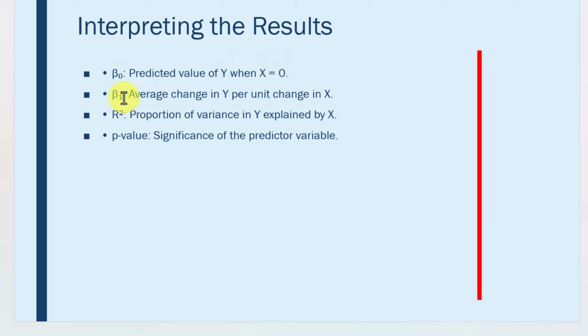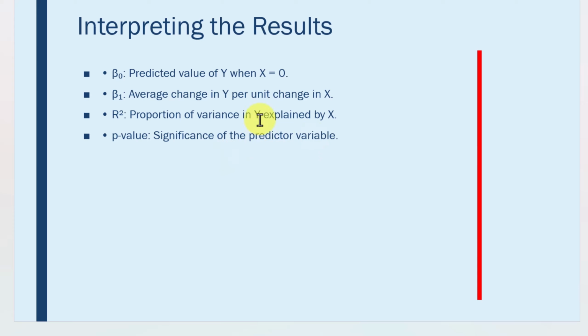Beta 1 though is a more central coefficient that we need to look at, giving us the change in y, in fact the average change in y as we change x. And R squared is the proportion of variance in y explained by x. Remember that x and y are correlated.